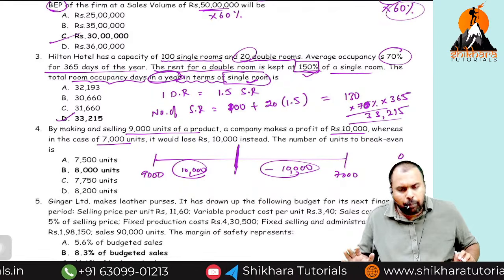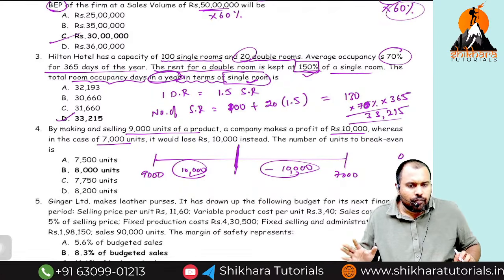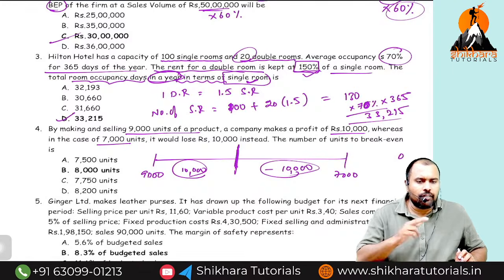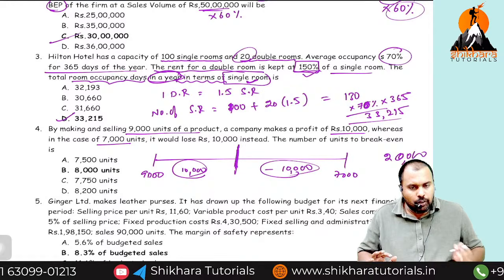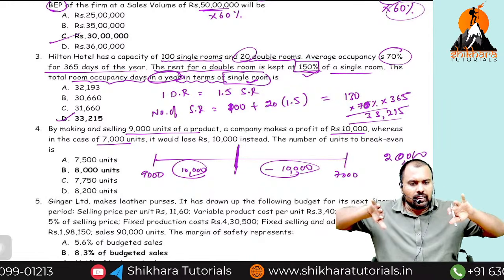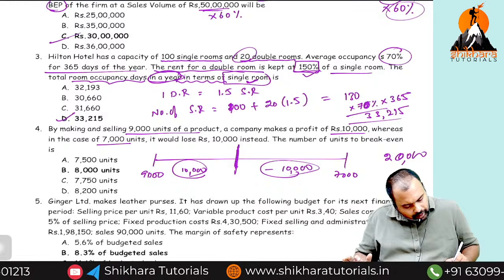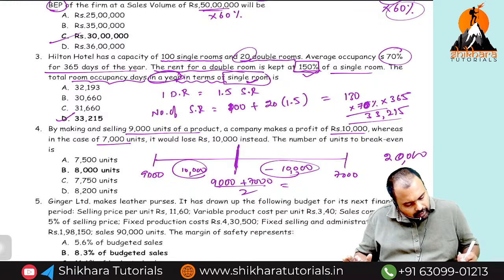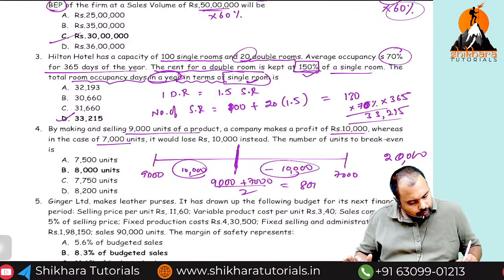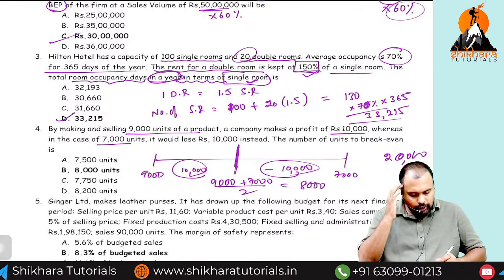Contribution changes proportionately. So your break even point will be 9,000 plus 7,000 by 2, which is 8,000. Your answer has to be 8,000.